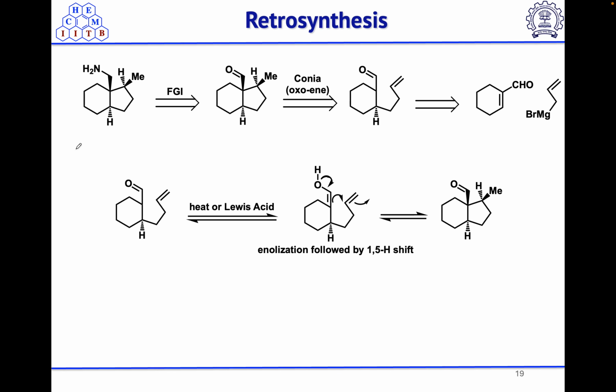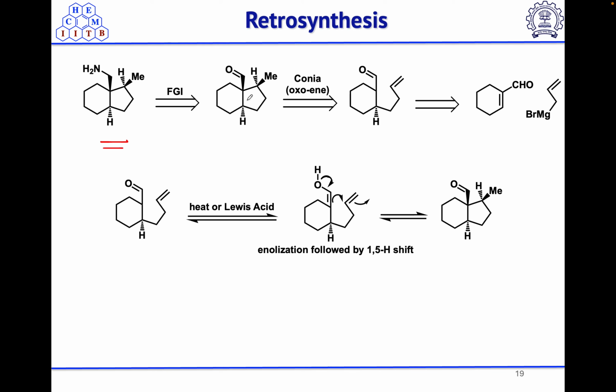This molecule is a 6,5 fused ring having this CH2NH2. How can we think about the retrosynthetic analysis? Basically functional group interconversion at this center: this aldehyde to amine via reductive amination conditions we could get.